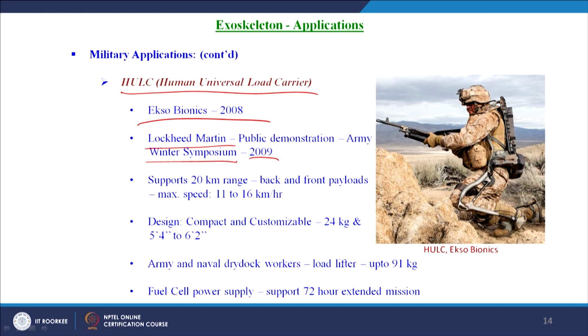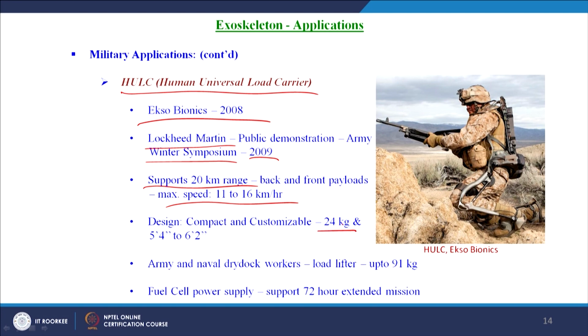And this exoskeleton can support a 20 kilometer range, and also it supports back and front payloads, and it provides a maximum speed up to 16 kilometer per hour with a range varying from 11 to 16 kilometer per hour, and the design is compact and customizable, and it weighs up to 24 kg.